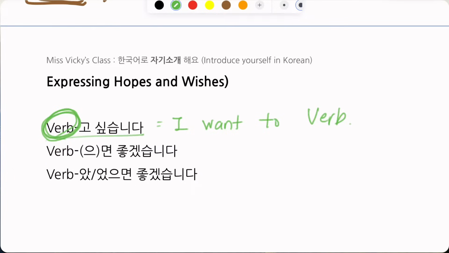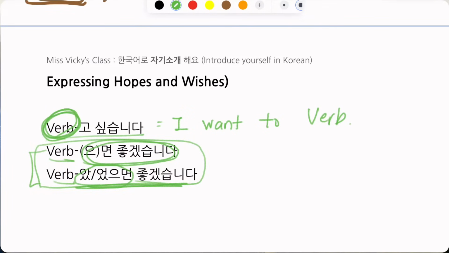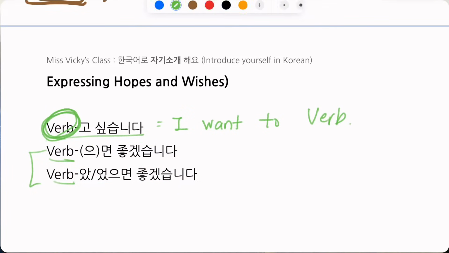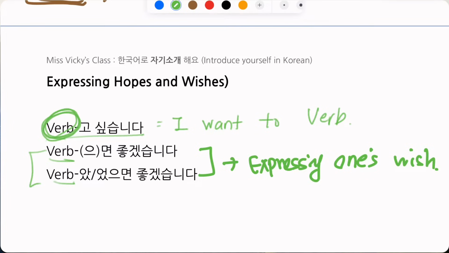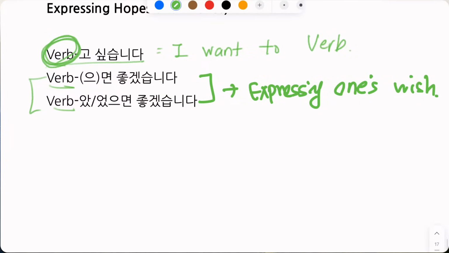고 싶습니다. 그리고 you can also use verb 으면 좋겠습니다 or verb 았었으면 좋겠습니다. So they are both used for expressing your wish. Expressing one's wish. 그리고 they can be used interchangeably for wishing your future wish.